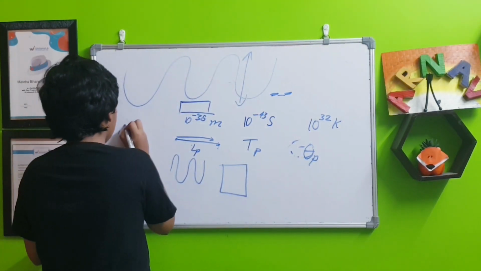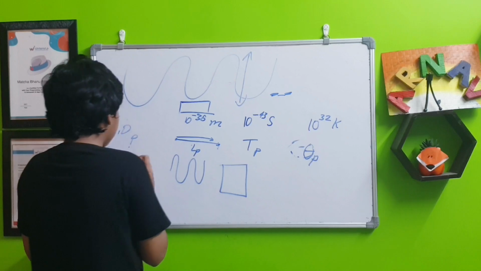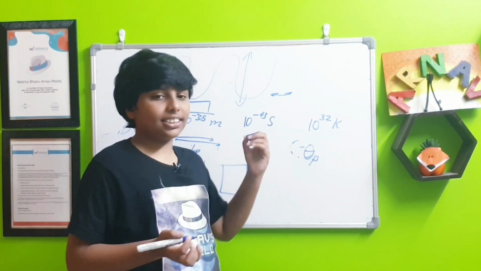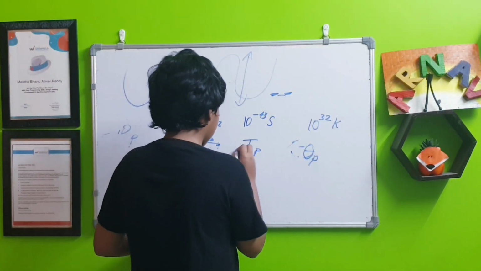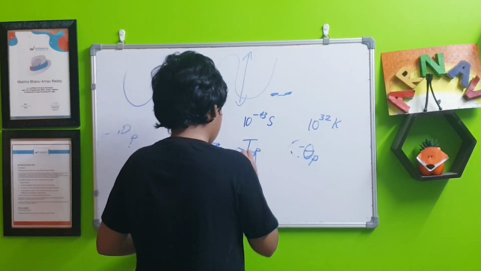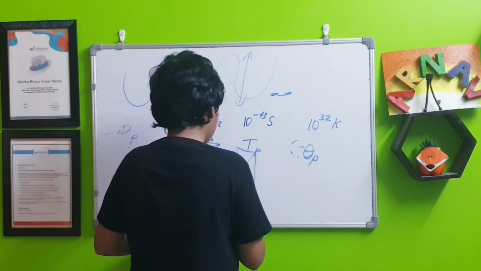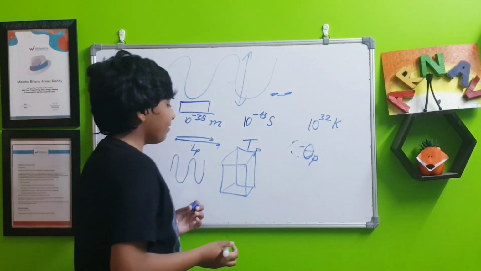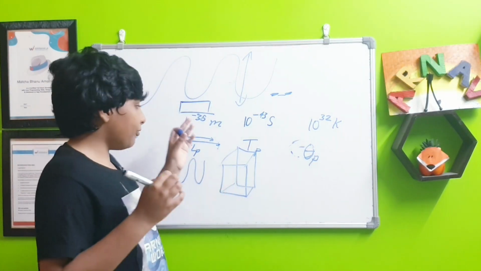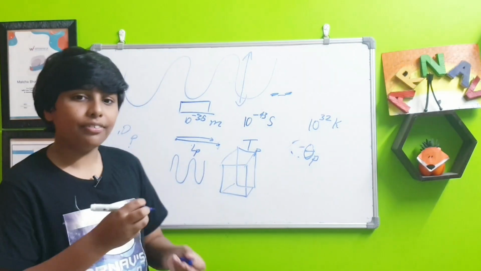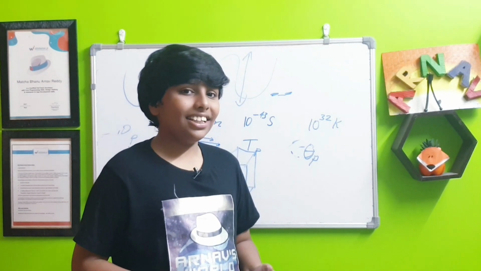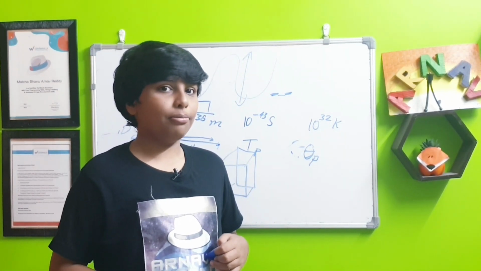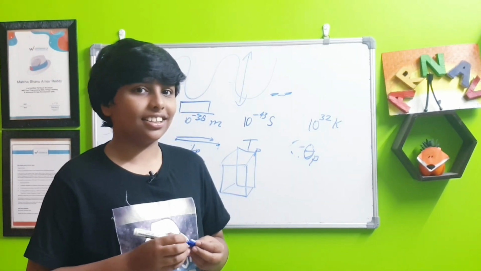So, Planck density: take one singular Planck volume, let's take just a cube. This is our Planck volume. Hi Planck volume, how are you? Good? Okay. If this Planck volume has the Planck mass, then its density would be the Planck density. How many Plancks could be said in one singular sentence?